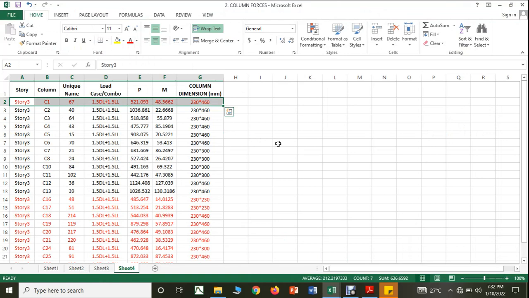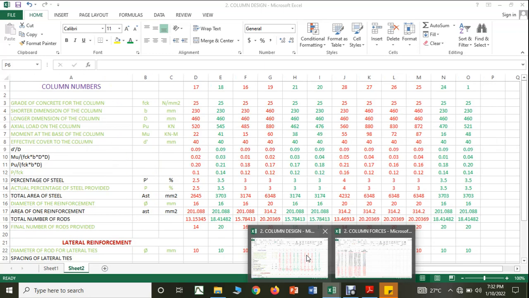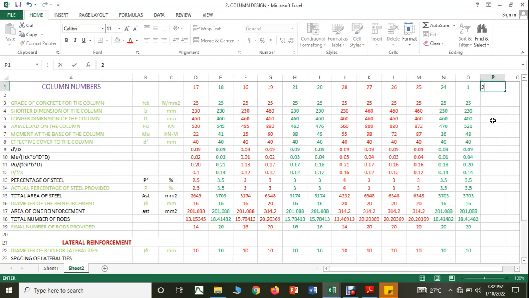After column number 1, the next is column number 2. For column number 2, I have 1036 and 22.